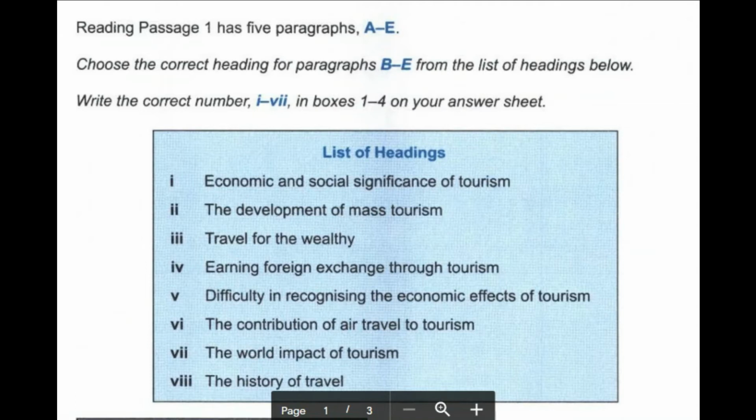So let's look at any other option. If you look at number 8, we see the history of travel. That is going to be the right heading for this paragraph, because the central idea is travel linked with a historical background.